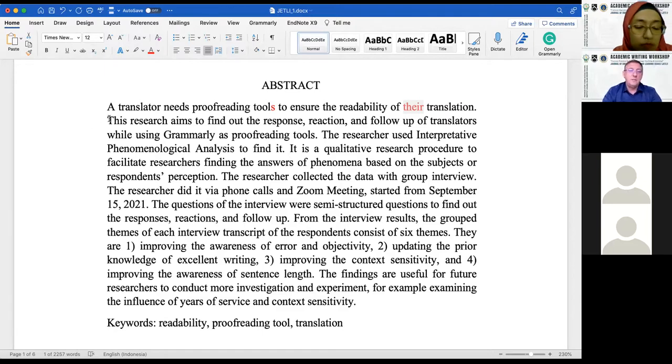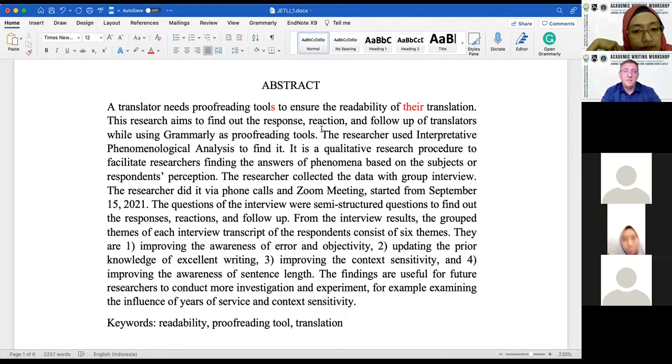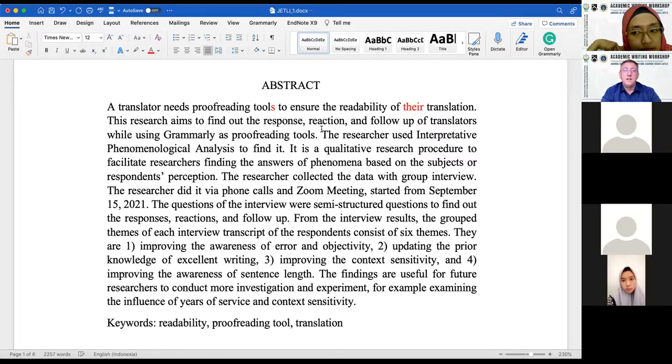Now, the second sentence: "This research aims to find out the response, reaction, and follow-up of translators while using Grammarly as proofing tools." I'm really not sure what that means. It's not exactly clear to me.